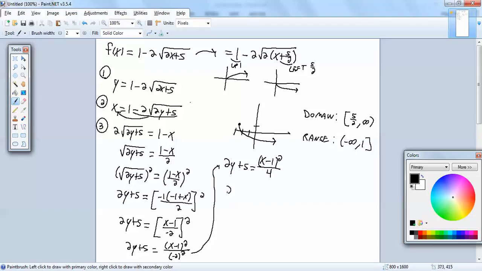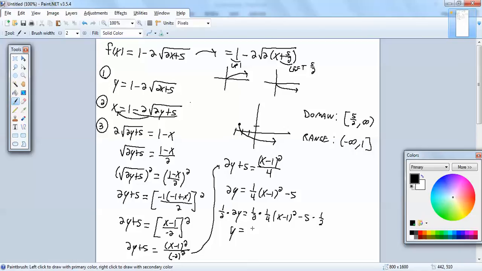Take the 5 over, so we've got 2y is equal to, and I'm going to take that 1/4 and put it out in front, so 1/4 times x minus 1 squared, and when I take the 5 over, it becomes a negative 5. Now I could divide by 2, but that'd be kind of nasty. What I'll do instead is multiply by 1/2. So I take 1/2 times 1/4 times x minus 1 squared minus 5 times 1/2.